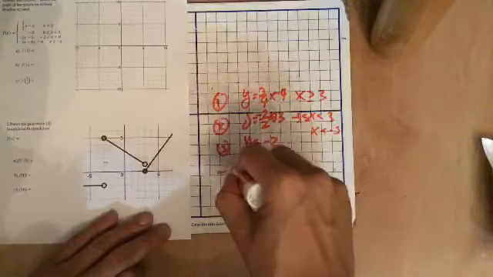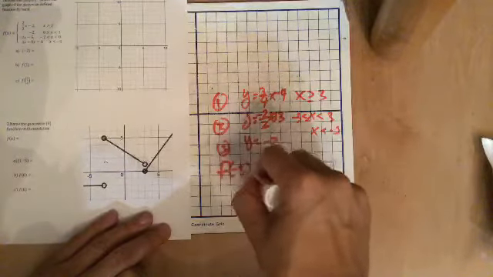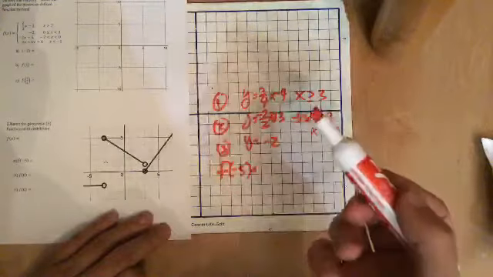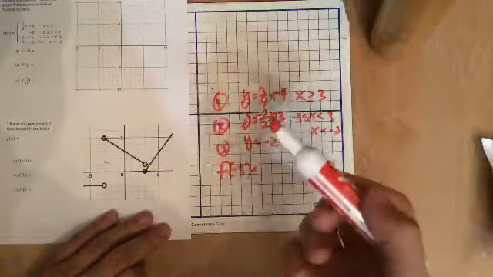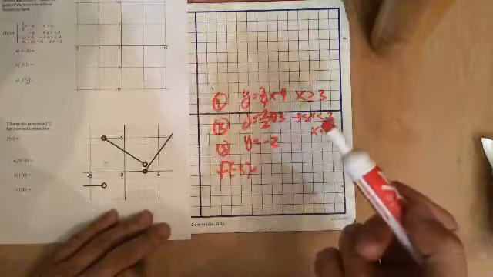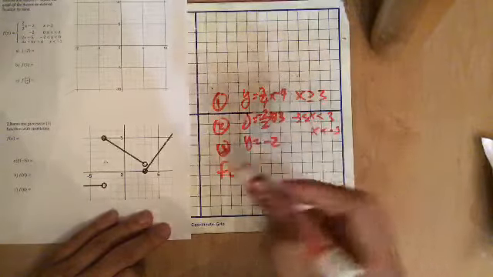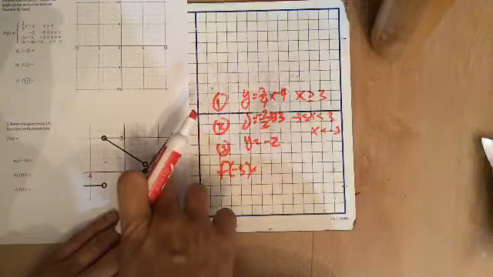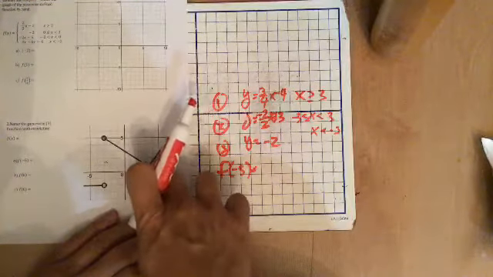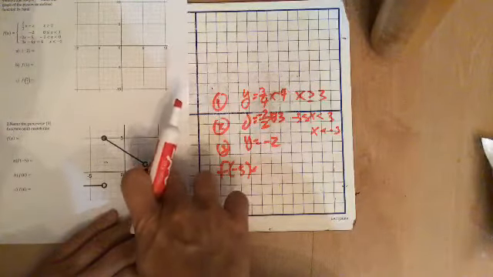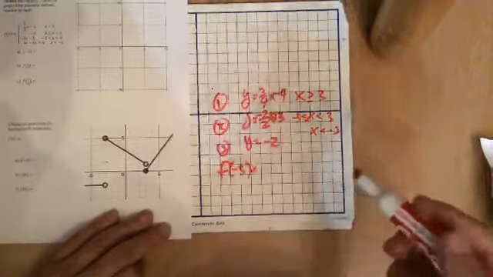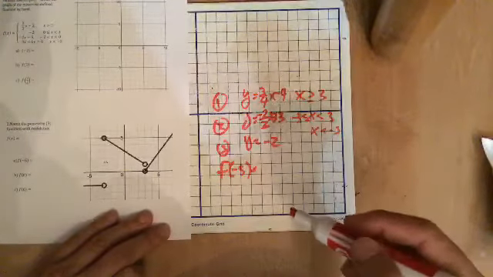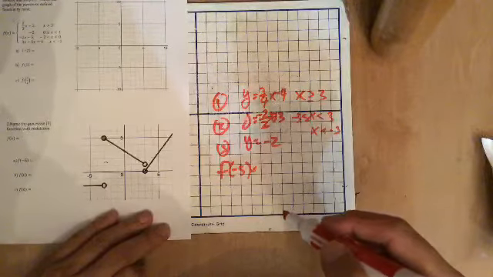So f of negative 5. For this I can go back and evaluate, but I already gave you a graph, so I might as well just look at the y value here. The y value here is kind of hard to read, so it's going to go from here to here. It's roughly 2.75, I would say, but I don't know. So I really need to find a function.